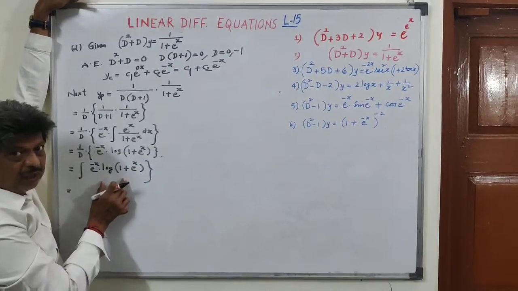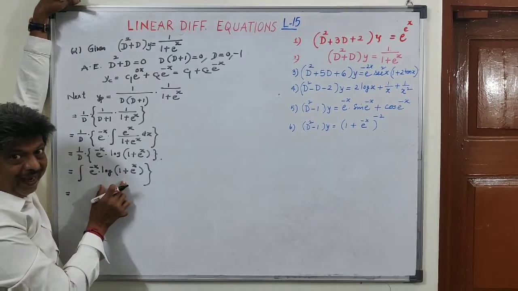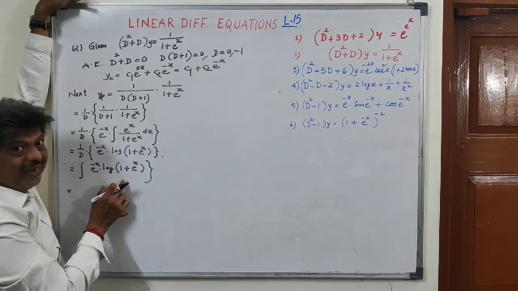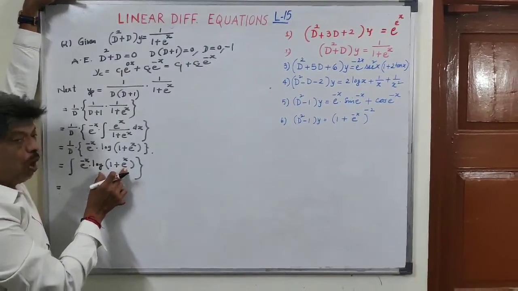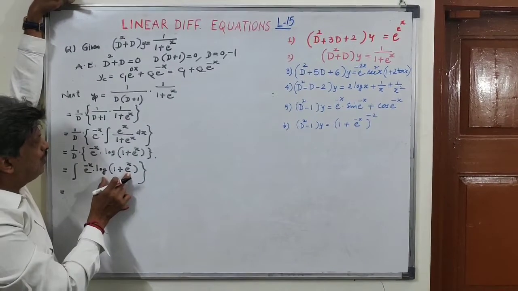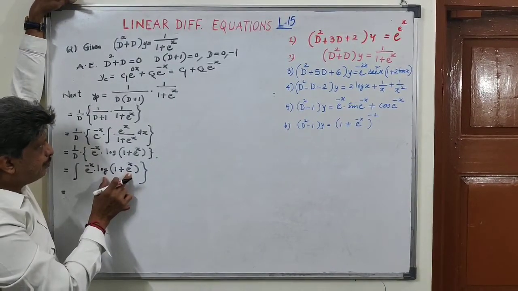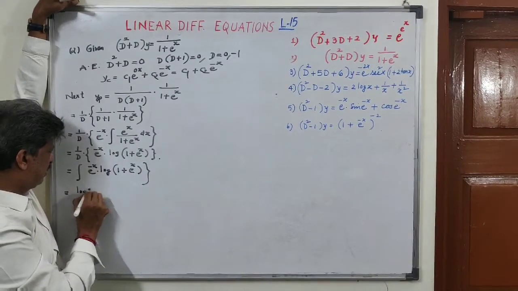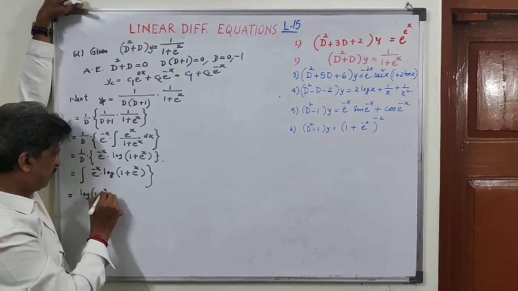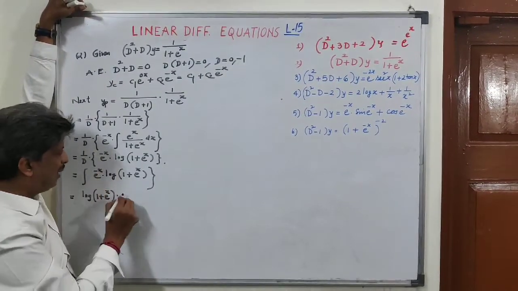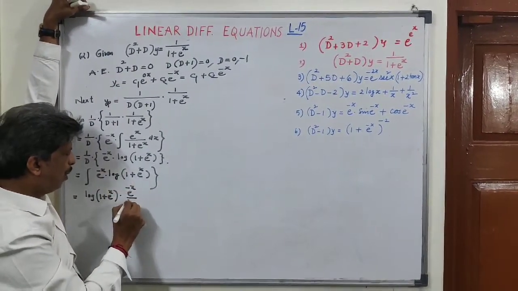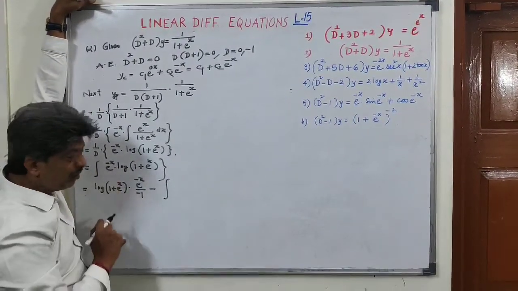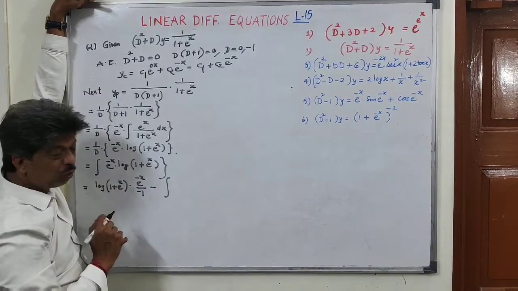What is the integral of this? I am using integration by parts. Log of 1 plus e power x as the first function, first function into integral of second, upon minus 1, minus integral of the derivative of first, derivative of log of 1 plus e raised to power x.